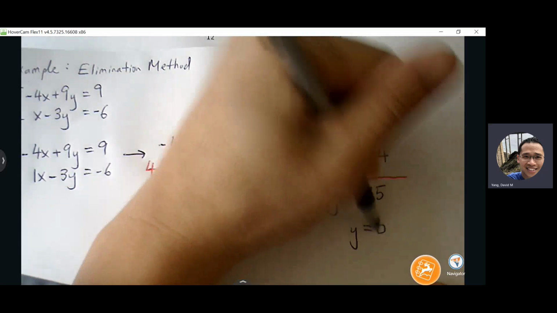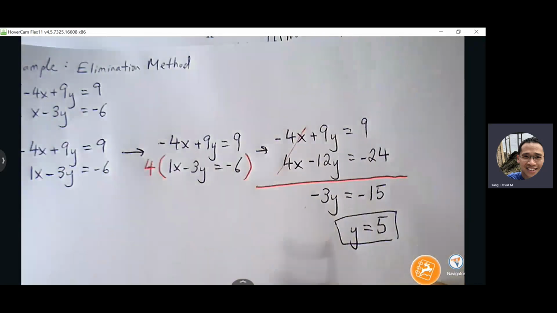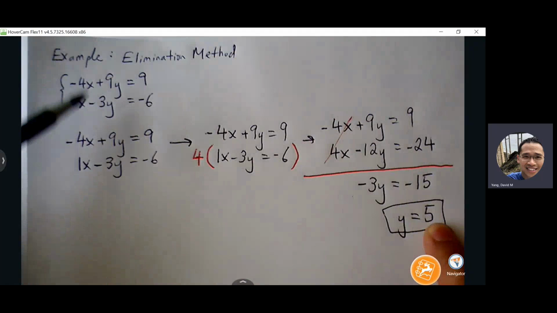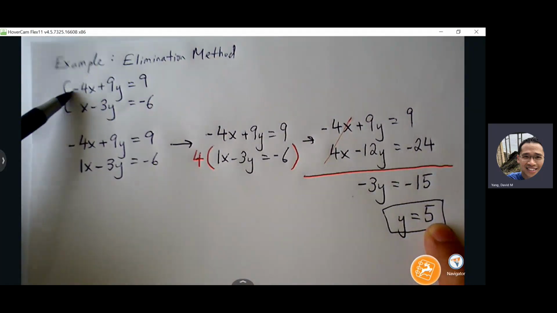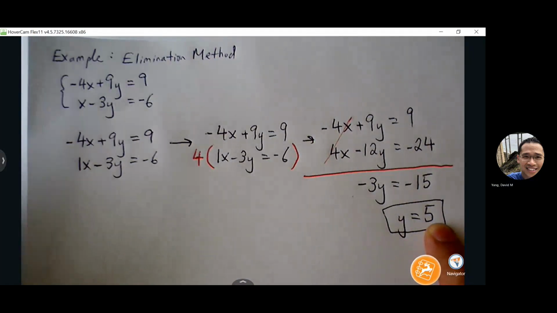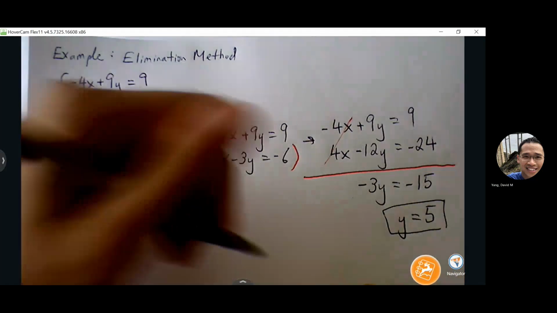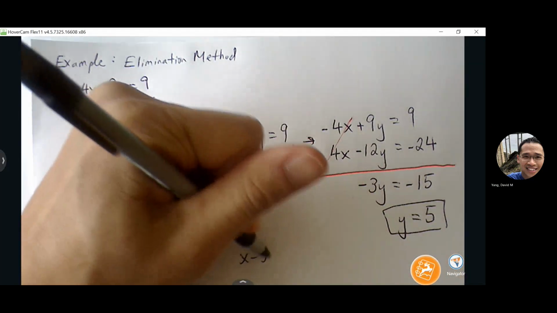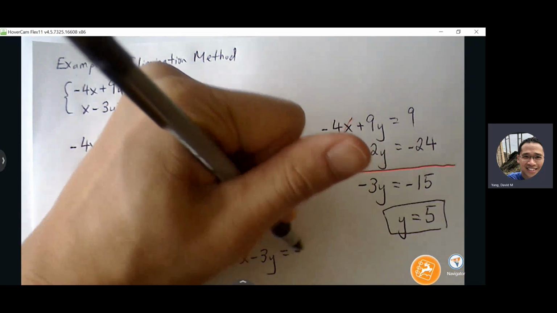5. Okay, so now that we have one of the variables solved, we can now insert back into one of the original equations and then solve for x. Doesn't matter which one.